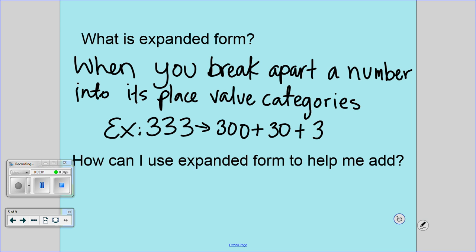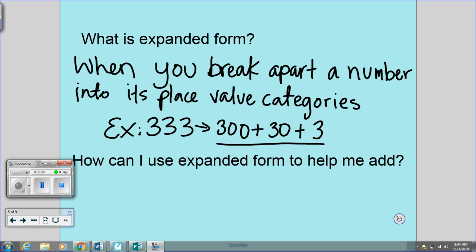So by breaking apart my number, I can see what each place value is worth. Colin's right. It's just like peering into a number. We're checking it out on the inside. Make sure you add the example to your definition, please.